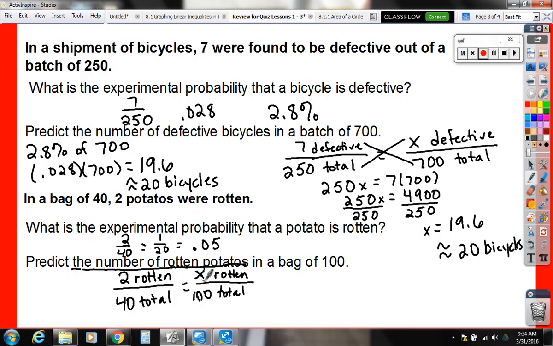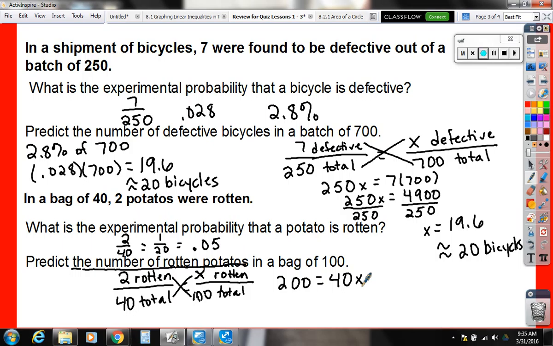Kellen, can you tell me what to write as my equation? Okay, 200 equals 40x. Where did you get the 200? It's right, but where did you get the 200? I just want to make sure I remember. Good. So when she just skipped right to this step, 2 times 100 equals 200.